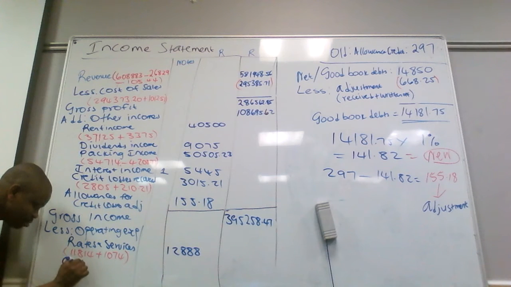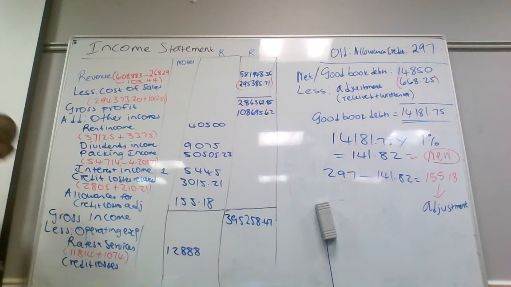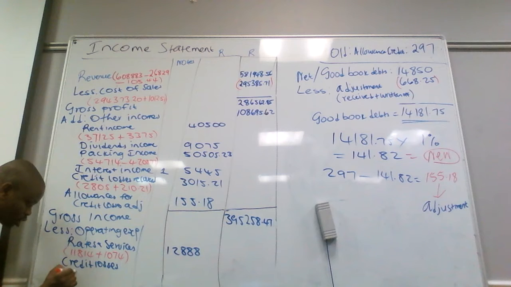Credit losses. Do you have any adjustment about credit losses? Did we write off any debt? Yes or no? Okay, you said yes. Firstly, give me the balance, please. 4026.